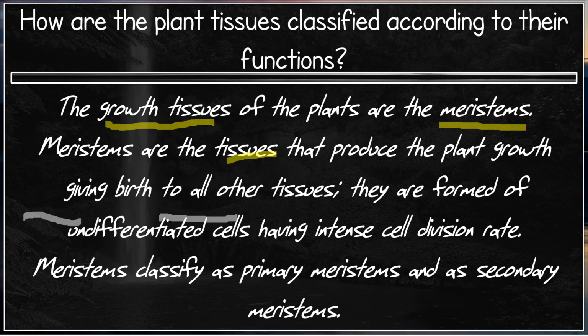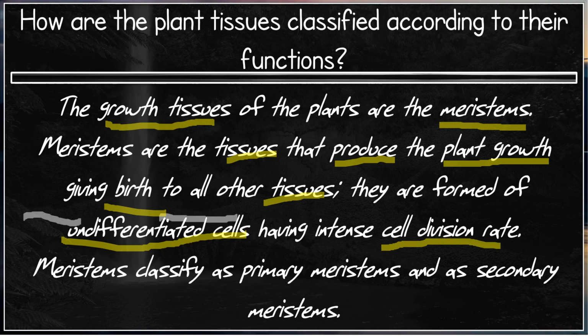Meristems are the tissue that produce the plant growth, giving birth to all other tissues. They are formed of undifferentiated cells having an intense cell division rate. Meristems classify as primary meristems and secondary meristems.